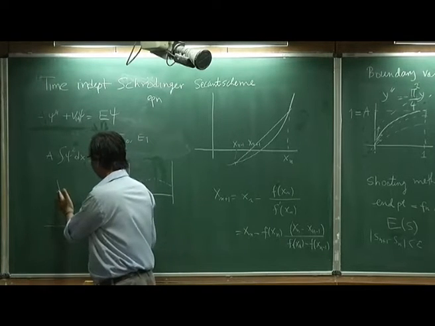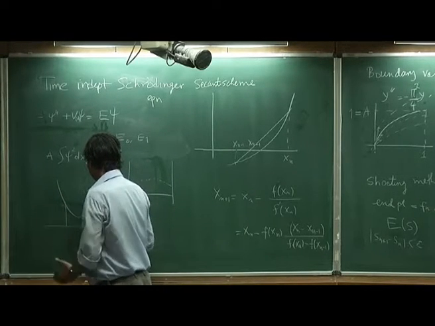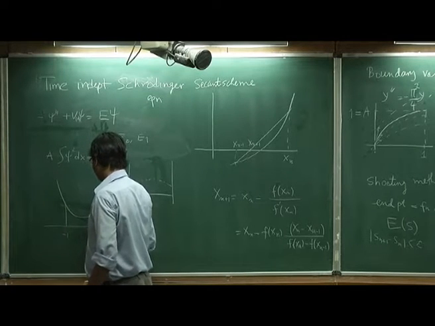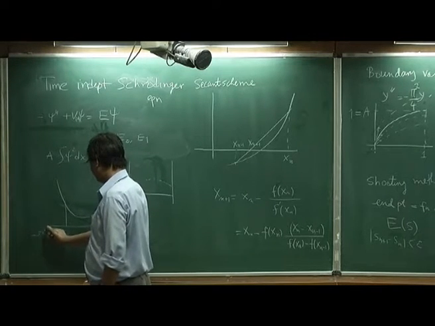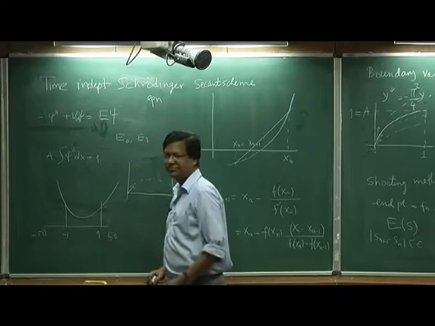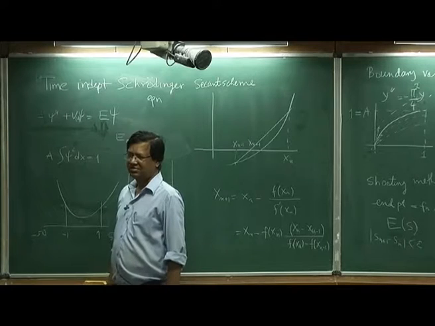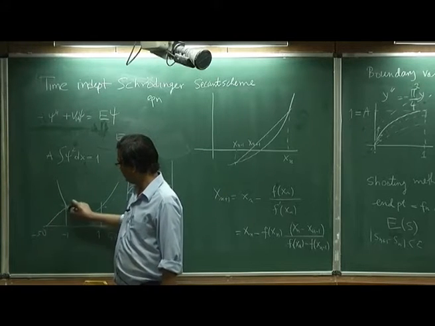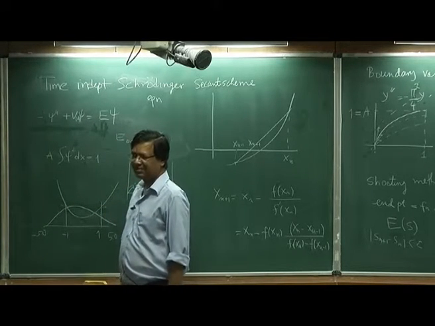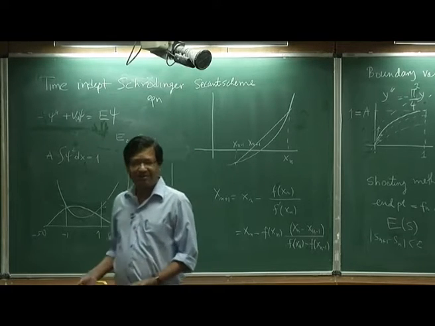But if my energy is such that I am bounded between minus 1 and 1, then minus 50 is good. Okay. So start there, assume the wave function to be 0 and shoot. So it will go. Okay. So these are numerical solutions.